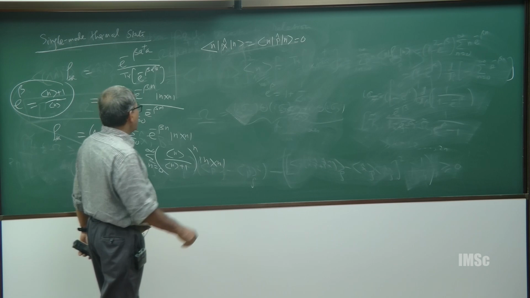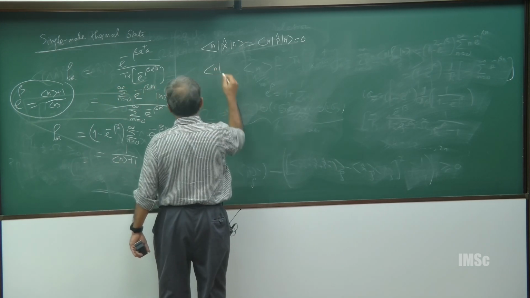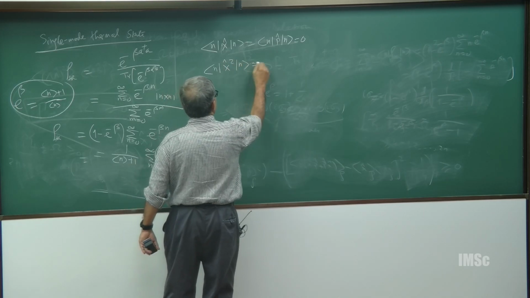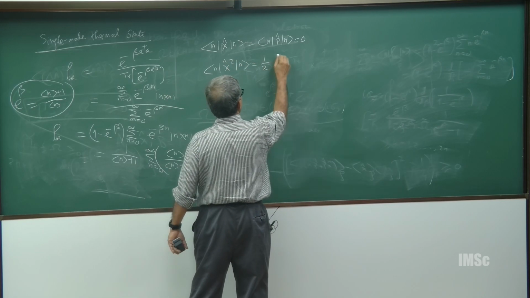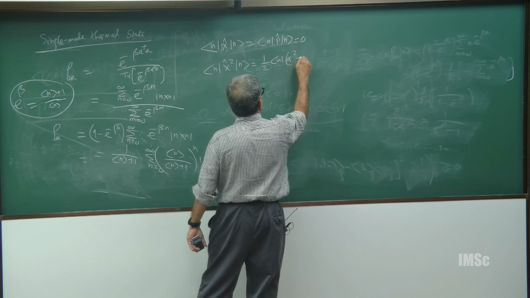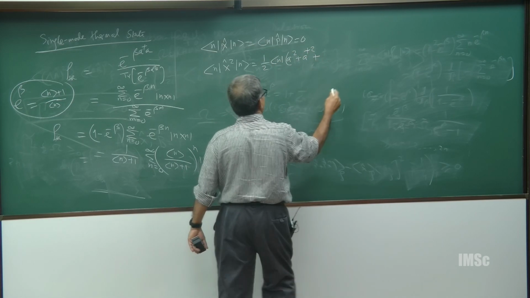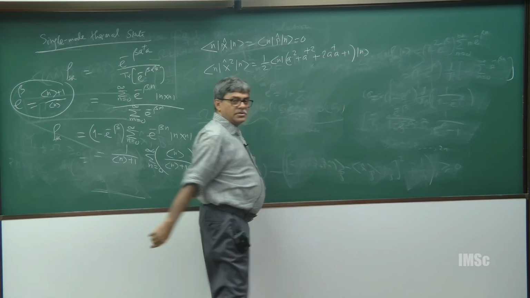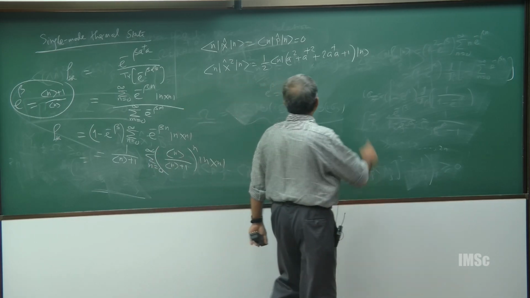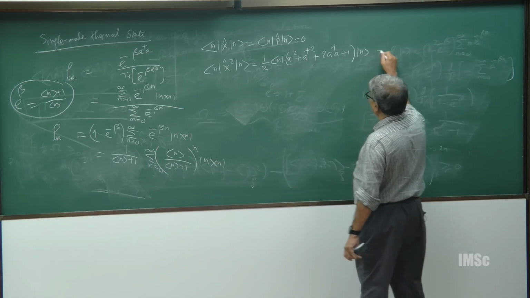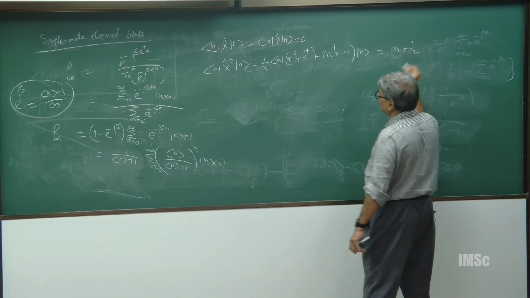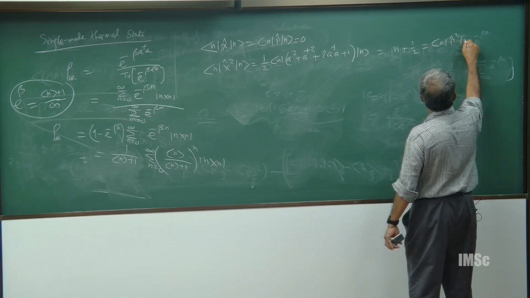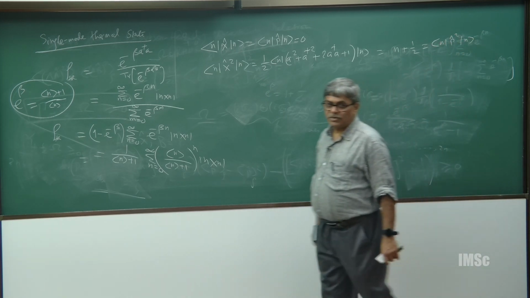And what about the average of x square in state n? So, x, I can write it as half times a square plus a dagger square plus twice a dagger a plus 1. So, this will be n plus half, right. Same is the case with p square, right.